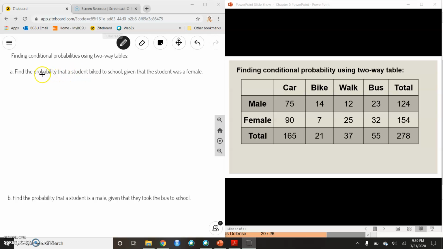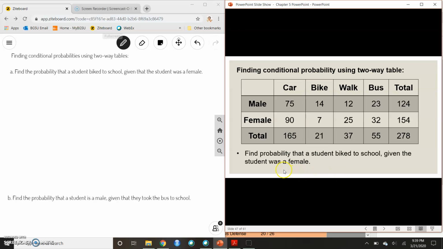So for conditional probabilities, we're always given some condition or some information, and then we're trying to find the probability of an event occurring given that additional knowledge. So we're going to go ahead and look at this example. Here we want to find the probability that a student biked to school given that the student was a female.